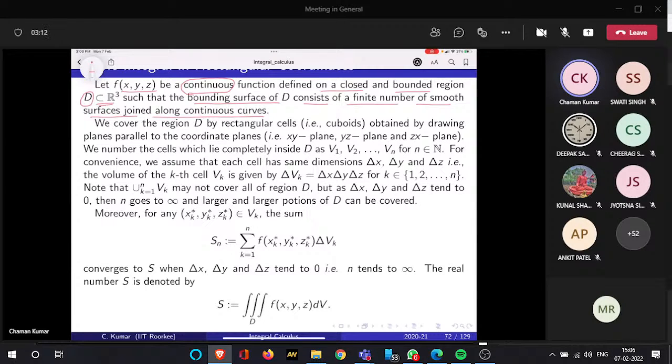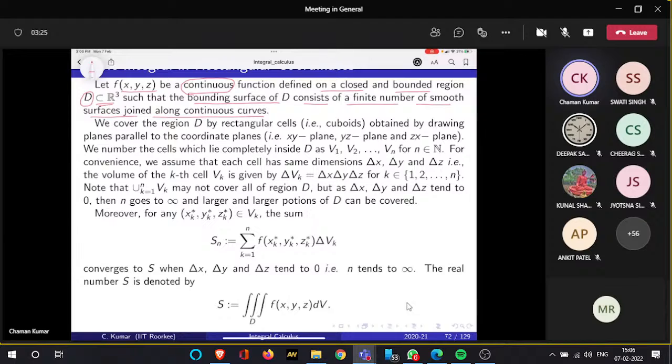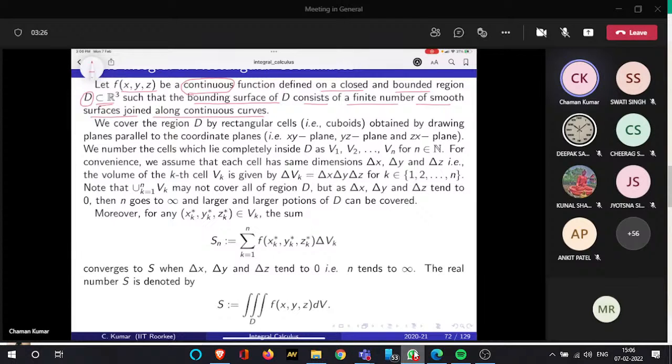So these surfaces should be finite in number. Only domains of this kind, which satisfy these conditions, are considered to define the triple integral.